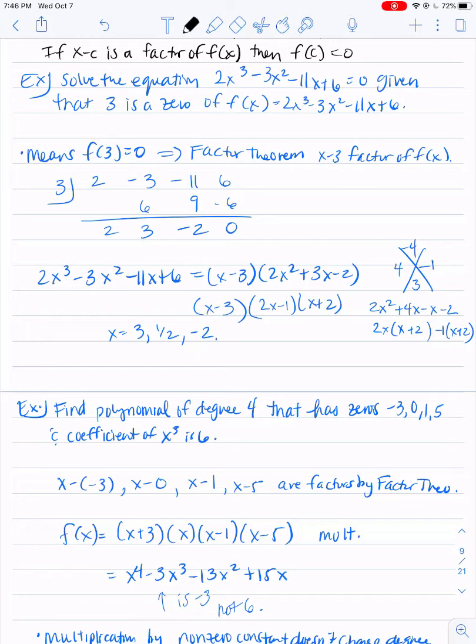Okay, so for example, we're going to solve the equation 2x cubed minus 3x squared minus 11x plus 6 equals 0, given that 3 is a zero that we know of that equation. So since 3 is a zero, that means that f of 3 equals 0, and by the factor theorem, x minus 3 is a factor of f of x.